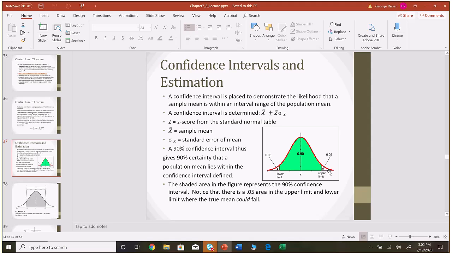And in order to use the table, we need to find out what this area is, because the table only reports that area. Okay? So what is this area?